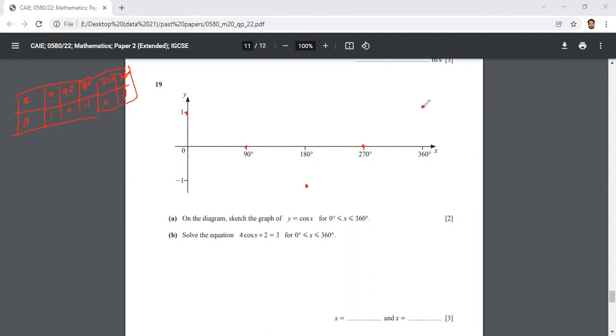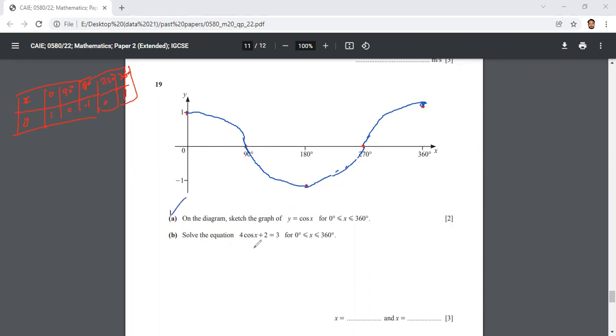Wherever you have 1, make one dot and then draw the curve, moving down and then up like that. So you will get the curve like that. This is the answer of the first part.